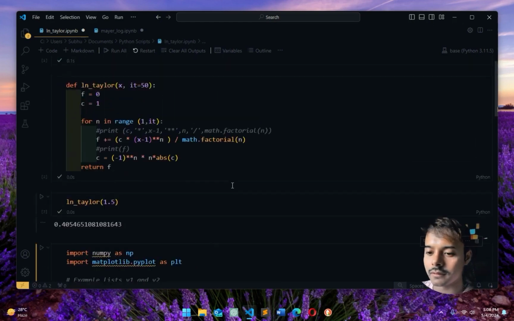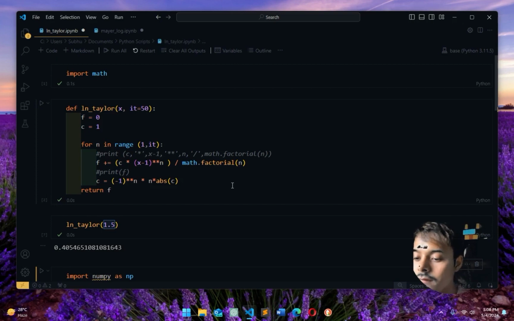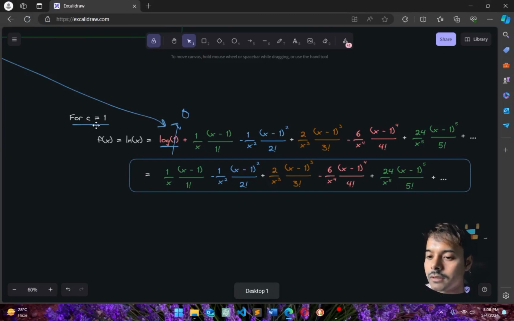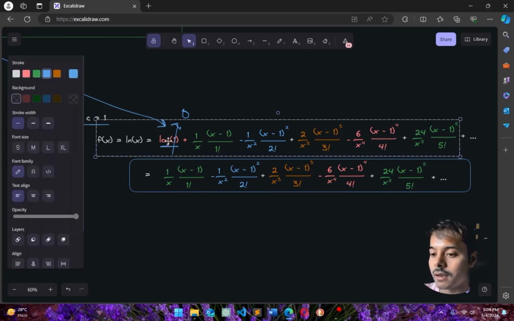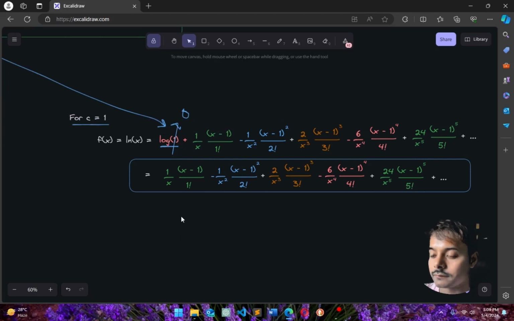So we get a value. Look, this is fast. I told you about c equals 1, right? We assume that c is equal to 1. By assuming c equals 1, first we get rid of this first element. And there is an incapability of this expansion method. It is incapable of expanding or giving a value for x greater than or equal to 2.